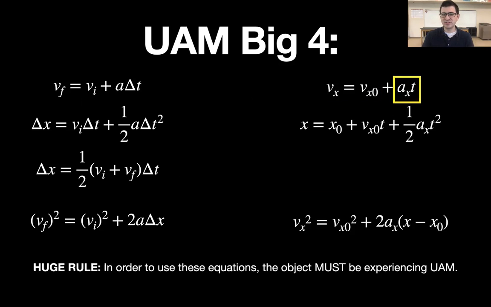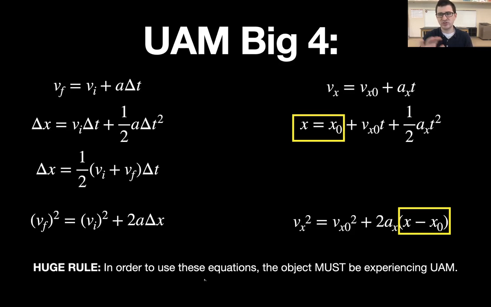They also don't use the delta notation, which for me is just change, but for them, they assume that the time starts at 0, so this is just final time minus 0, and so they circumvent the need for the delta notation there. And again, avoiding that delta notation, this is final position minus initial position, which is all that is meant by the delta x over here and the delta x over here.